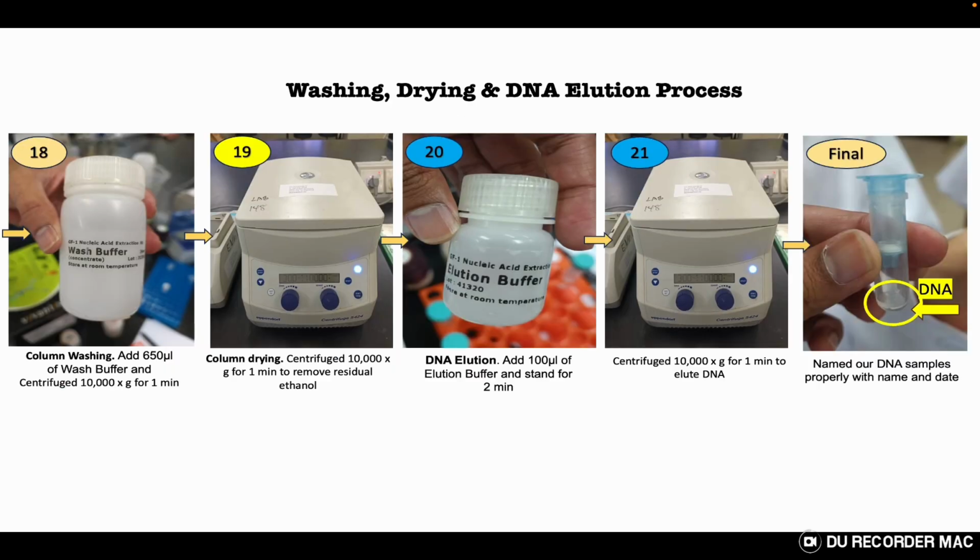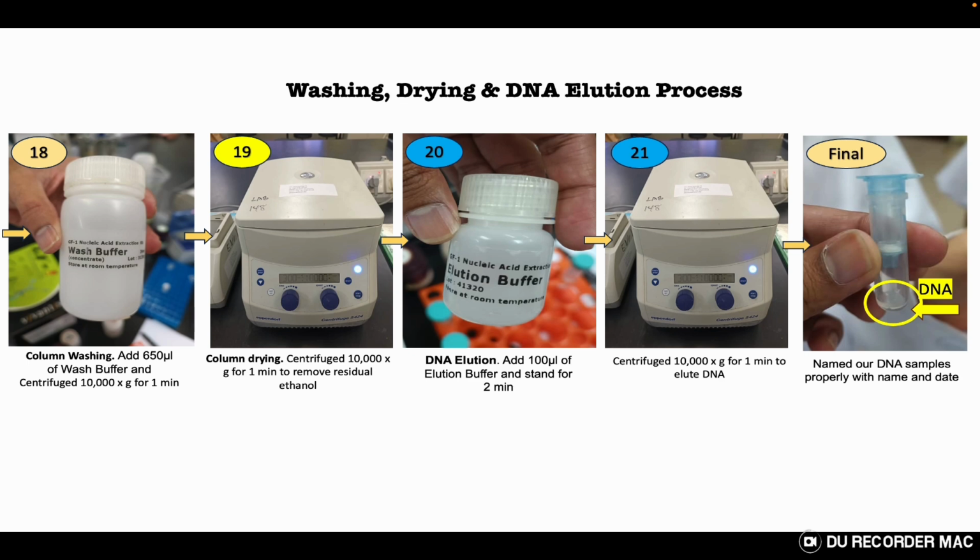Next process is washing, drying, and DNA elution. We add 650 microliters of wash buffer and centrifuge at 10,000 for 1 minute. Then for the column drying process, we centrifuge at 10,000 for 1 minute to remove residual ethanol. Followed by DNA elution, adding 100 microliters of elution buffer and letting it stand for 2 minutes.